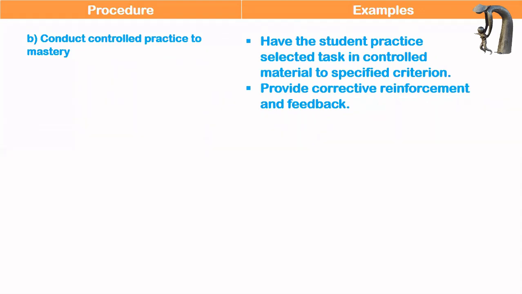So now here, the child must practice those particular objectives which you have selected in controlled material. Now, what is controlled material? Here, the controlled material is like you have given the time, you have given the limit, you have given the material, you have given the activity. Everything is there in the room, environment, instructions, and you need to fix it up. I want you to develop till 100%.